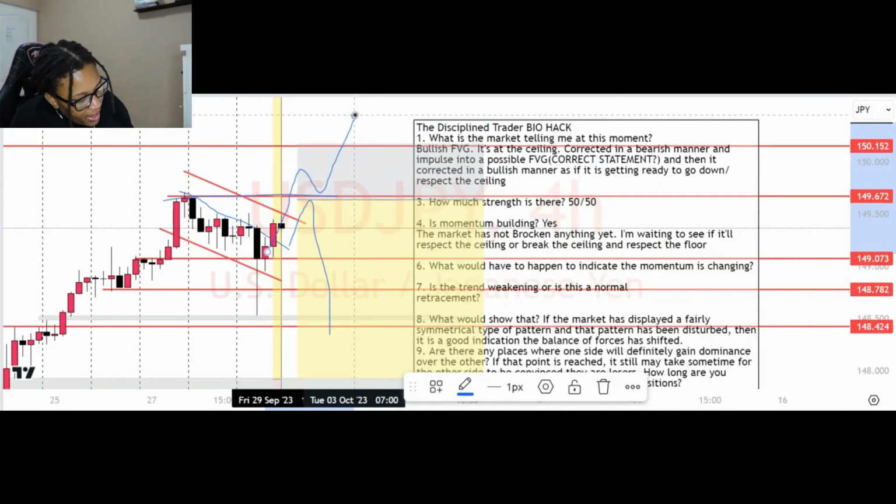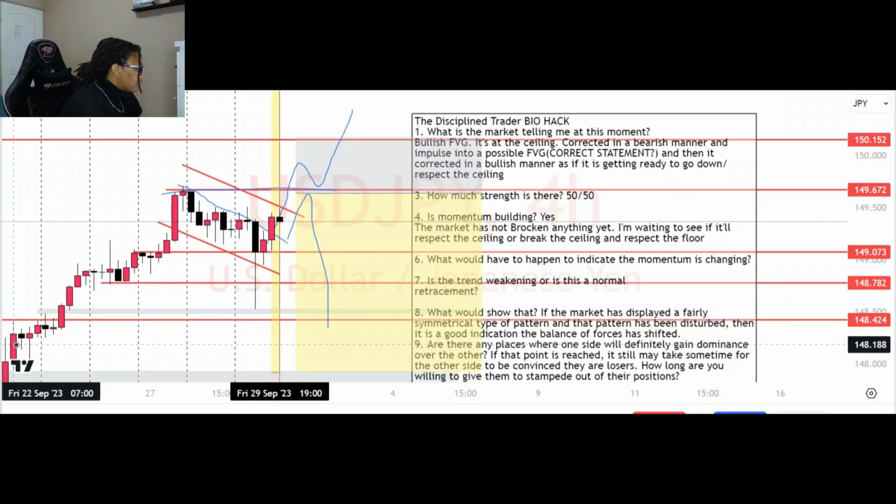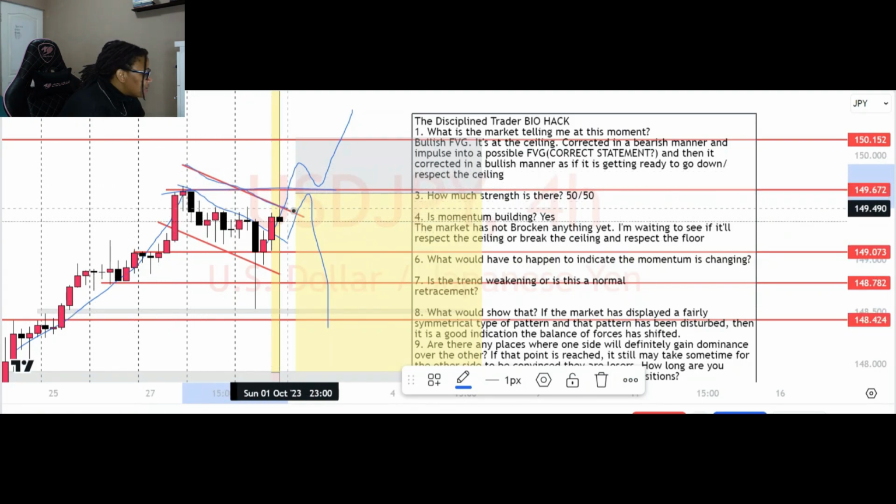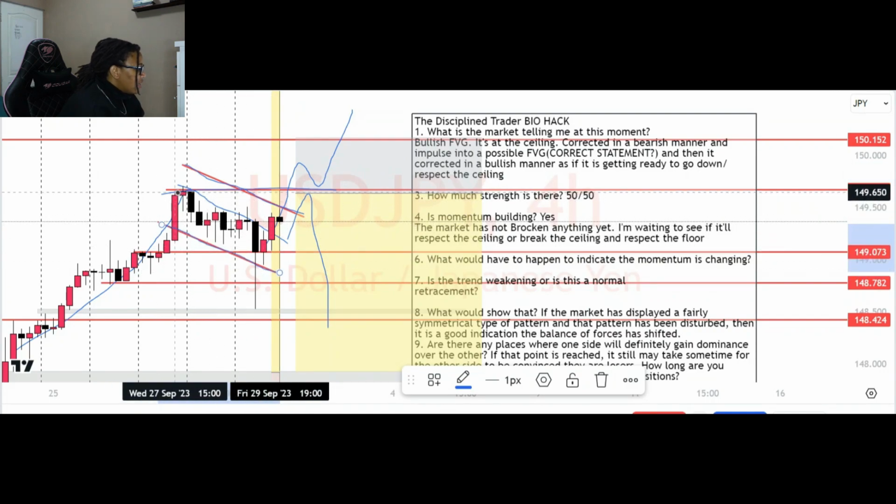And then it says, if that other point is reached, it still may take some time for the other side to be convinced they are losers. For example, there are people riding this buy going up, right? So they're going up and they are looking at this red corrective move, right? The market corrected, went down.